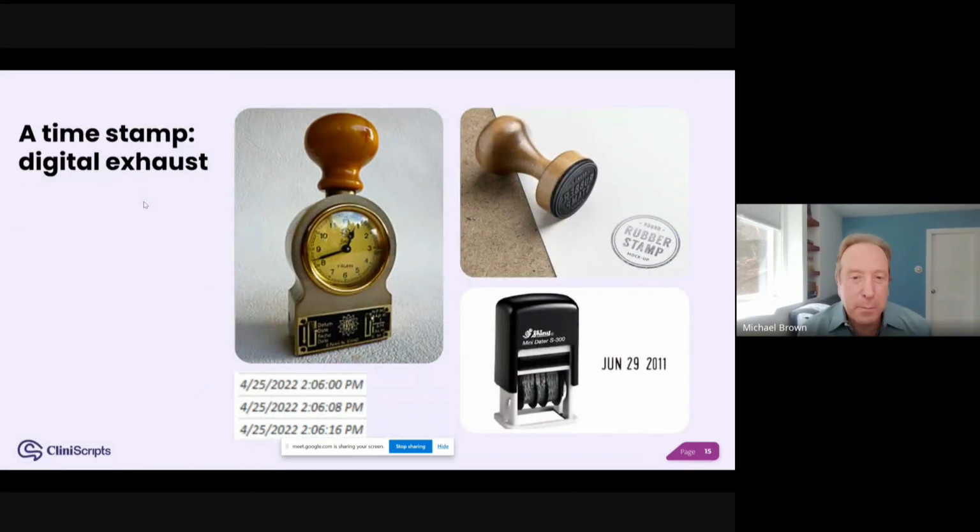It's a timestamp. In the old days, if you went on a train or something and they wanted to stamp the time, they might have used a timestamp like this, so the date and time are imprinted. The reason I put that there is that with all our AI systems these days, we're collecting data constantly, even when we don't know we're collecting it.